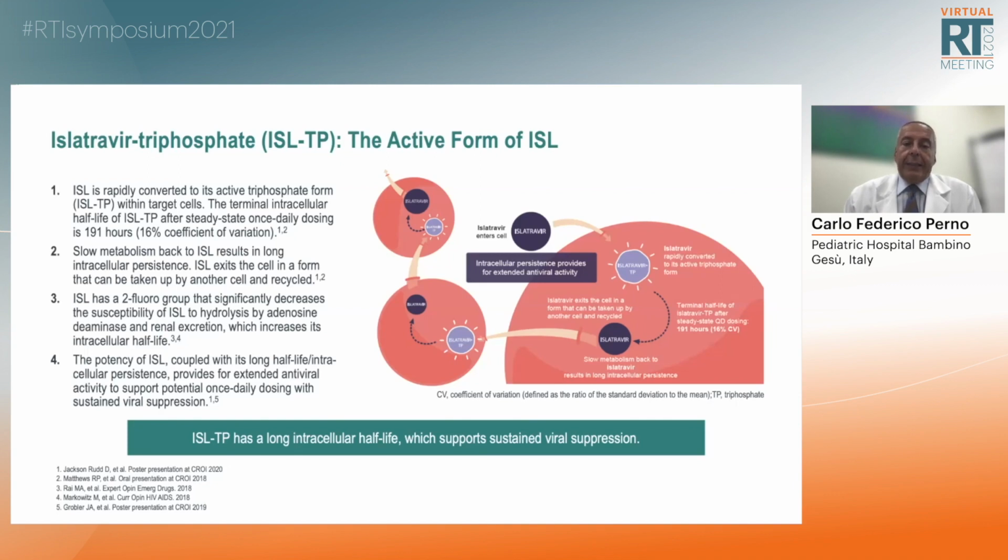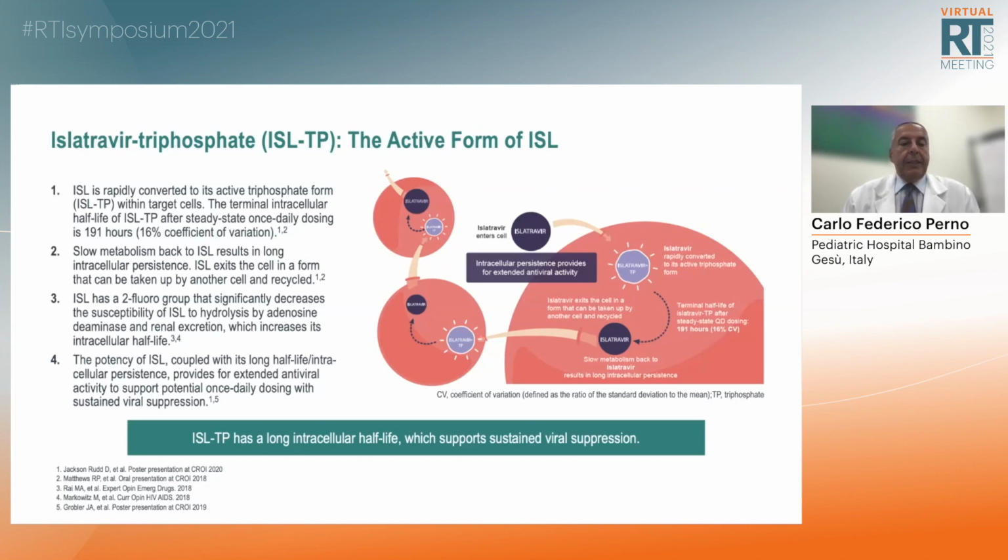Essentially, due to the characteristics of the drug, the triphosphate form has a steady state concentration within the cells that is very high and very long. You see that it can remain within the cells up to 191 hours. That is very, very long.